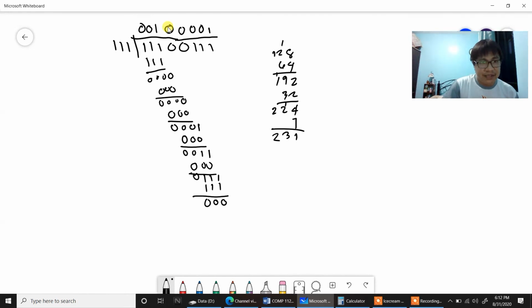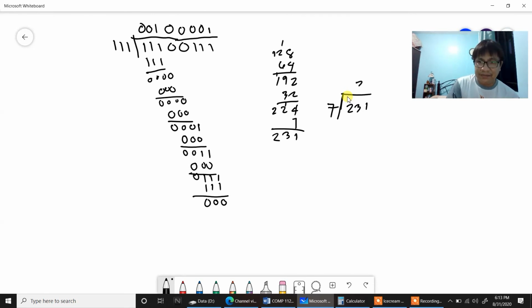Divided by 7. So 7 divided by 231. How much is 23 divided by 7? 14, 21.